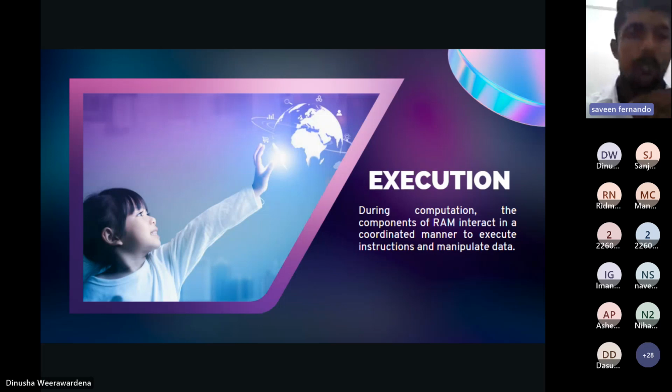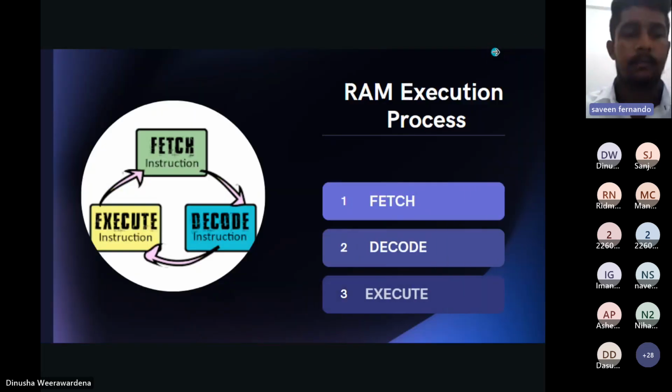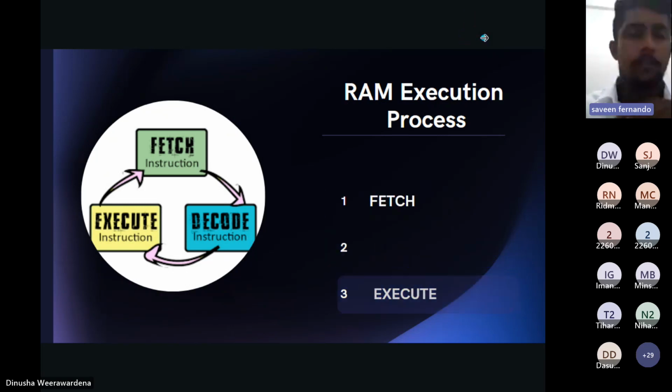So let's move to the next slide. And guys, the execution process mainly consists of three main steps, which are fetch, decode, and execute. Since this is a very long story, short, now let's talk about each component separately. So let's move to the next slide.